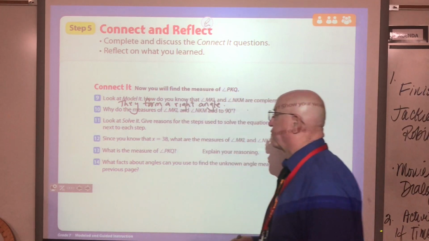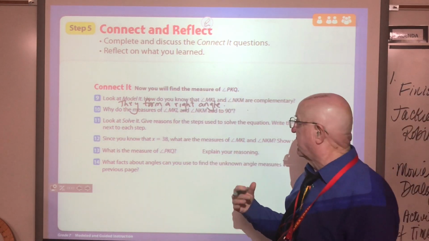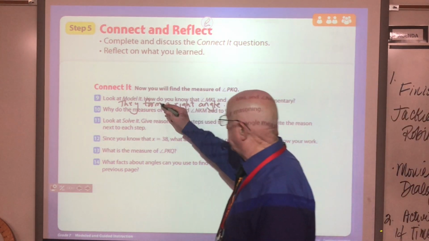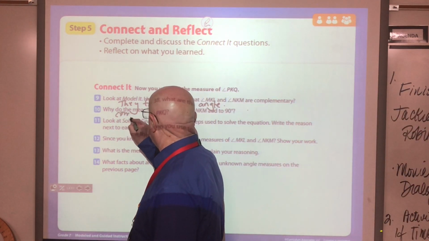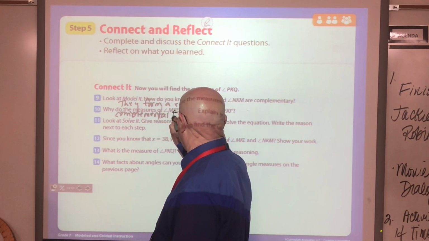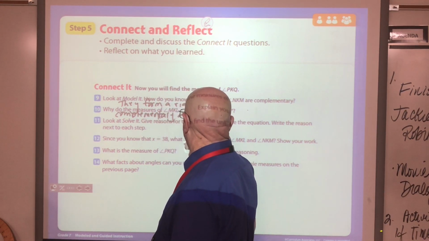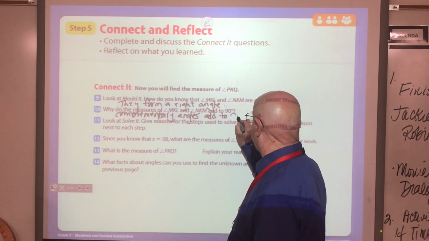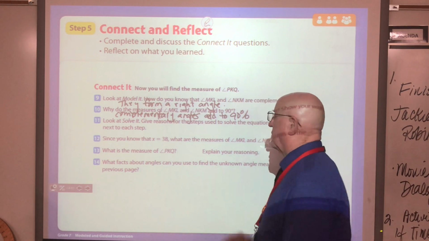The next question is, why do the measures of MKL and NKM add up to 90 degrees? Well, because complementary angles add to 90 degrees.